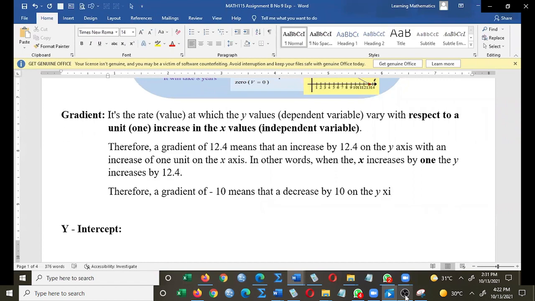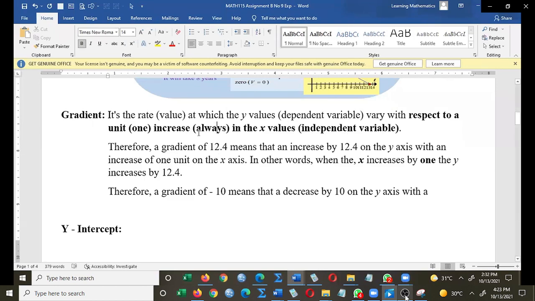So now I can modify what you said: with a decrease on the y-axis, with respect to a unit increase. But remember, if it's negative, it's going negative. So the further it goes negative, that doesn't mean it's increasing on the x-axis.